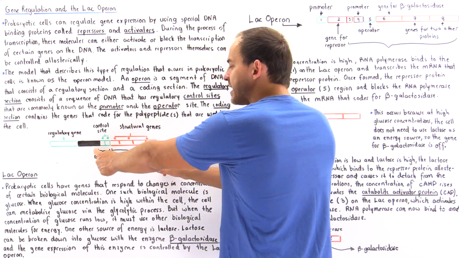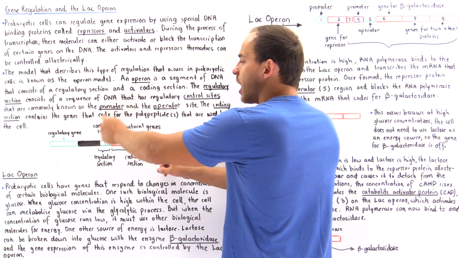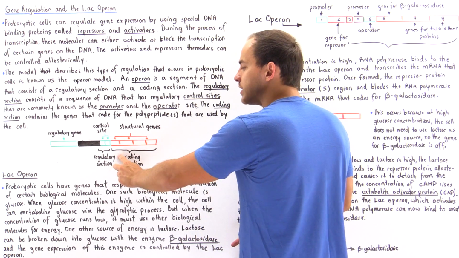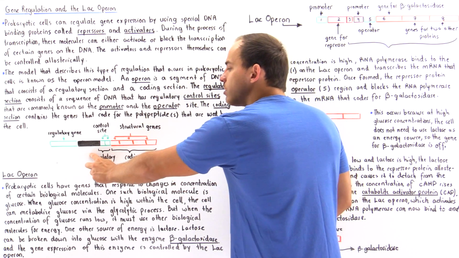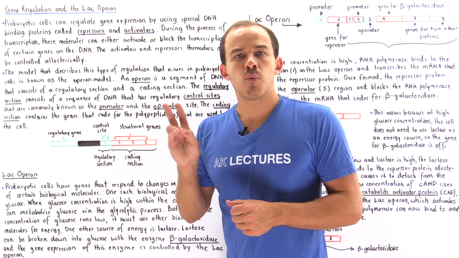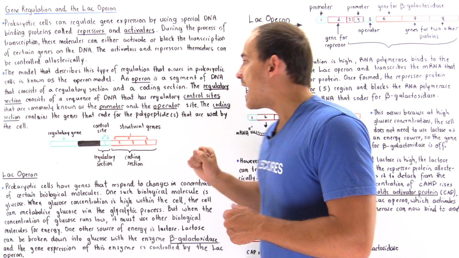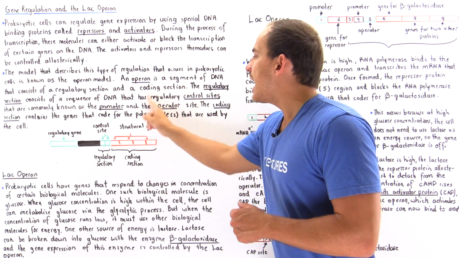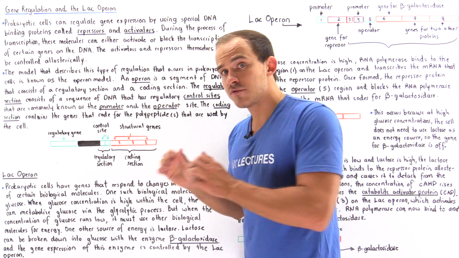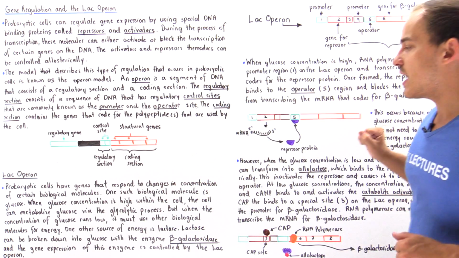So this is basically our operon. This operon consists of the regulatory section and the coding section. Now, the regulatory section itself consists of two important control sites. We have the promoter site as well as the operator site, and we'll see what the function of those sites is in just a moment.